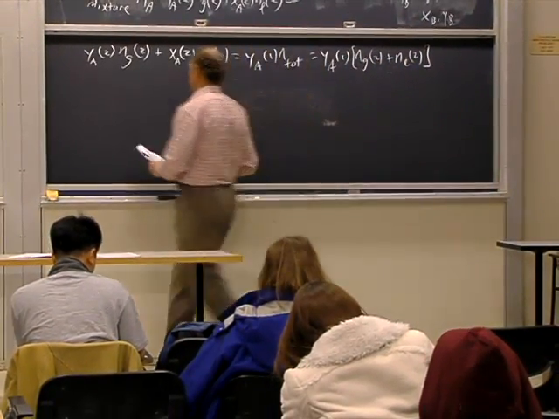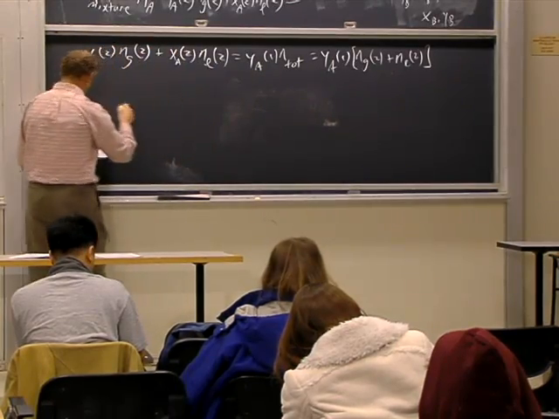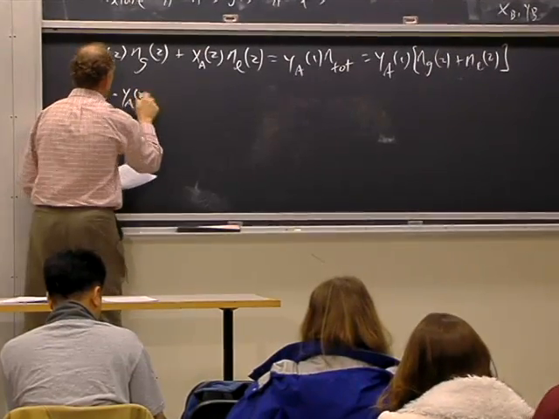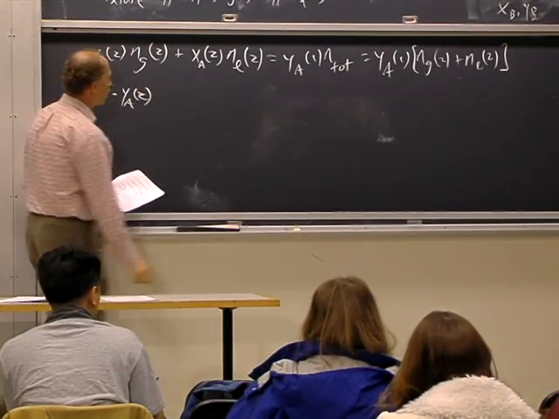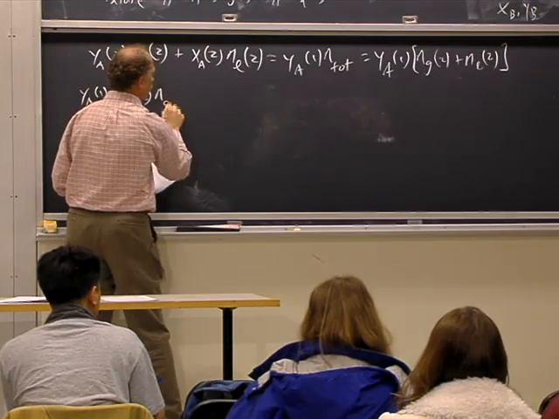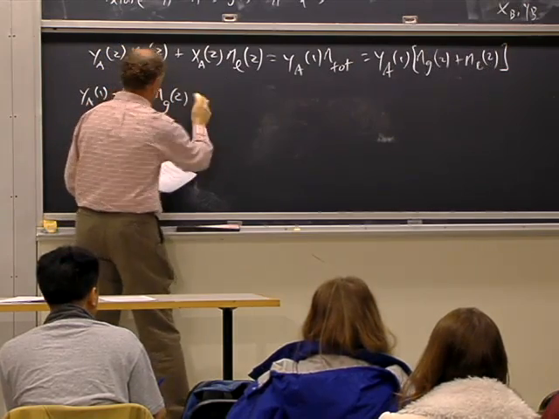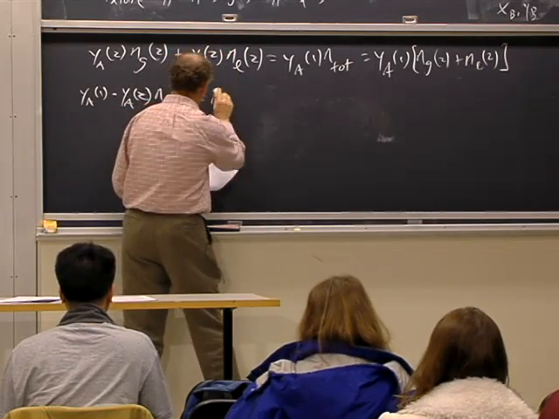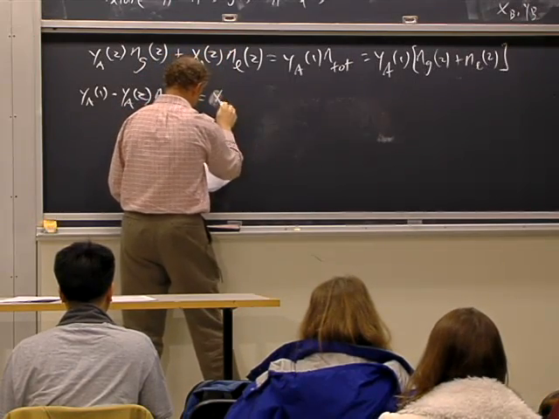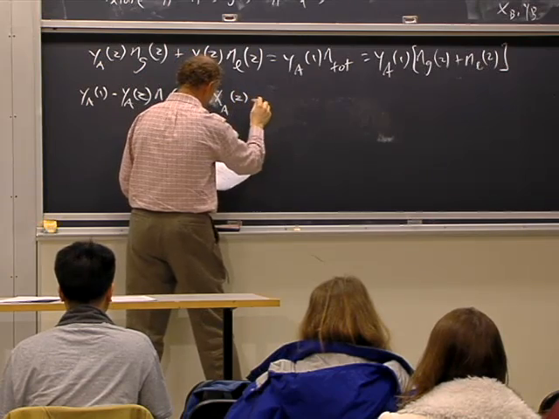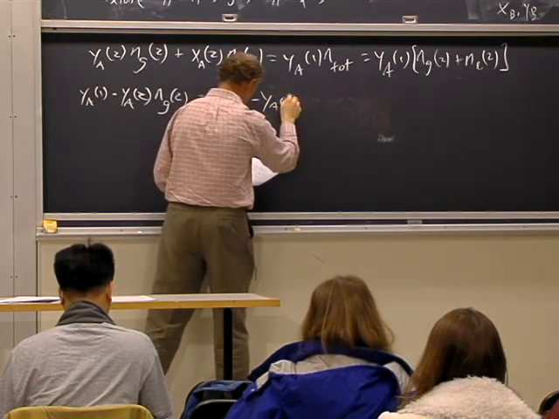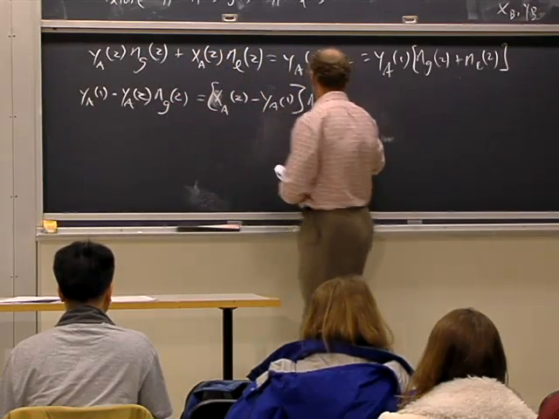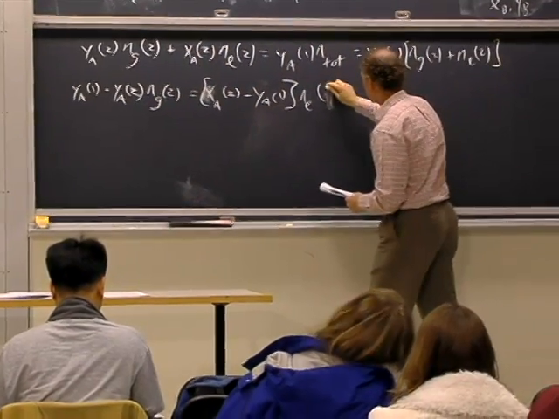Okay? And now I'm just going to rearrange the terms. So I'm going to write Ya at 1 minus Ya at 2 times Ng at 2 is equal to, and I'm going to take the other terms, the Xa term, Xa of 2 minus Ya of 1, right, times N liquid at 2.